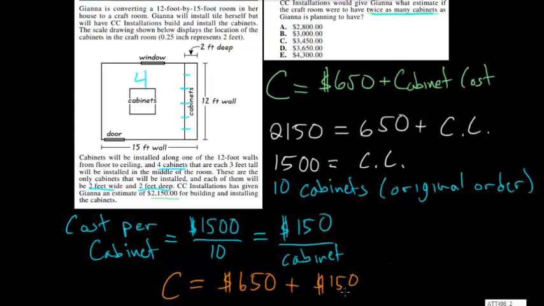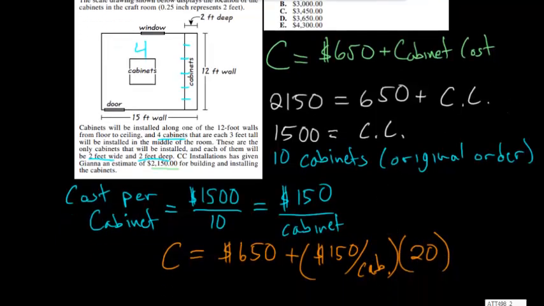This is per cabinet, which I'll just write CAB with a period. And then we just have to multiply this by the number of cabinets. Since we want twice as many cabinets as before, and we had 10 cabinets before, we now want 20 cabinets. So we'll multiply this $150 per cabinet by 20.